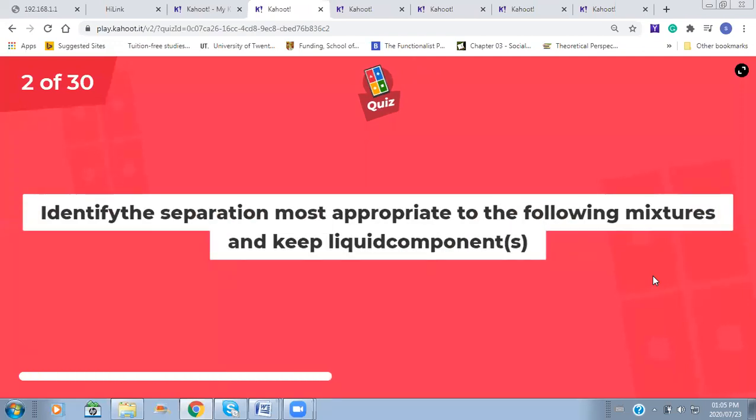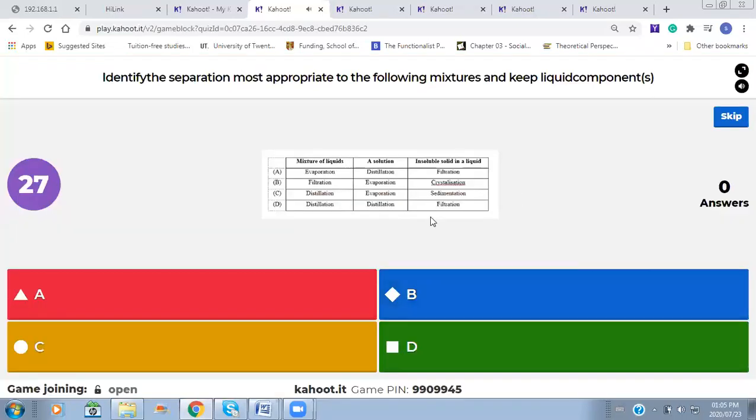Identify the separation method most appropriate to the following mixtures. All right, you have got options A, B, C, D. So, a mixture of liquids, a solution. If they are a solution, what method do we use?